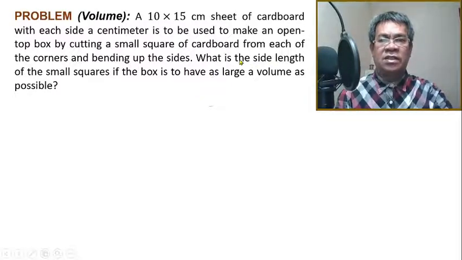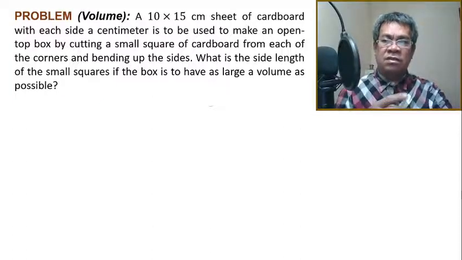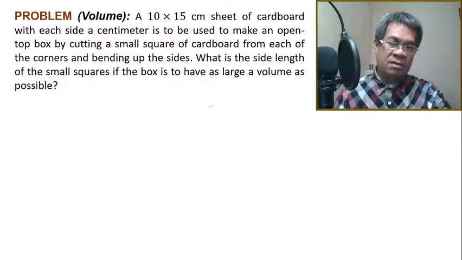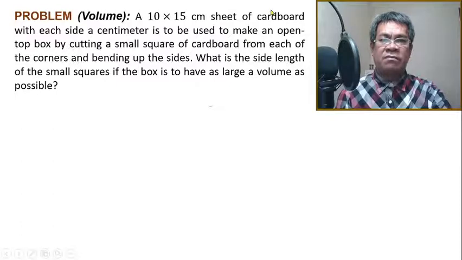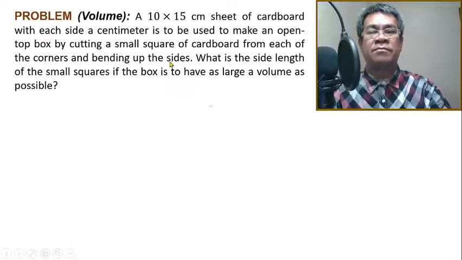And the dimension of your small square cut from the cardboard will be the height of your box.